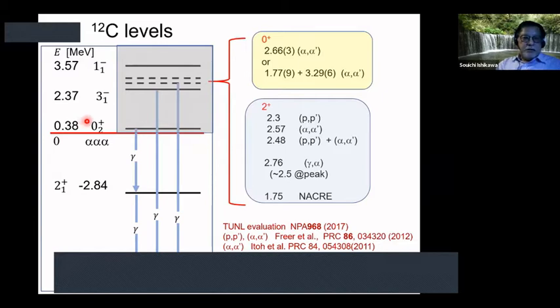Above the Hoyle state, we have some confirmed resonances: a 3- state and a 1- state.